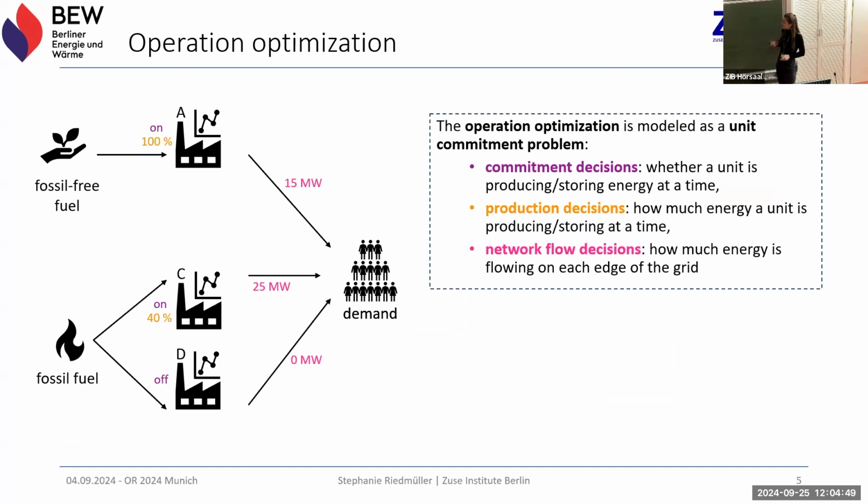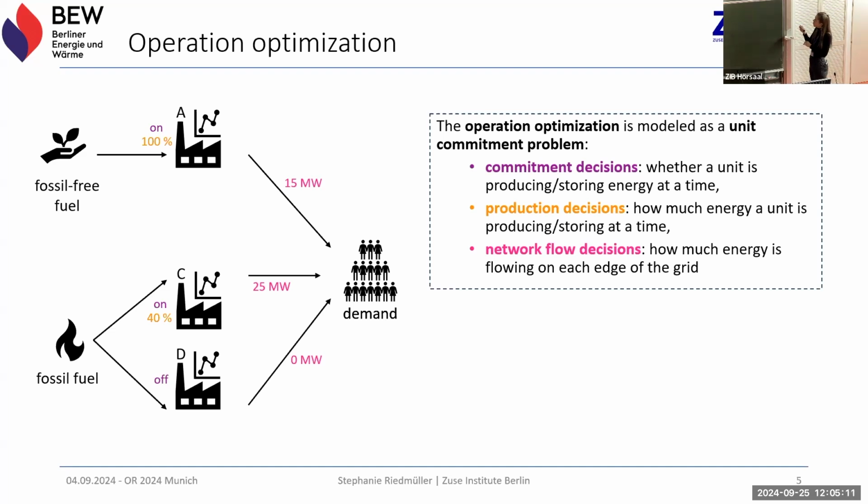But now the question is, which of the stations should be operated? How much should they be operated? I mean, should they be operated at their full capacity or only part of it? And where is the energy flowing in this network?